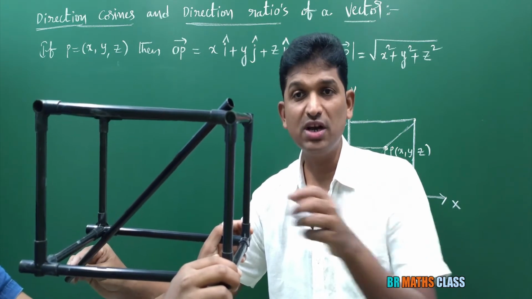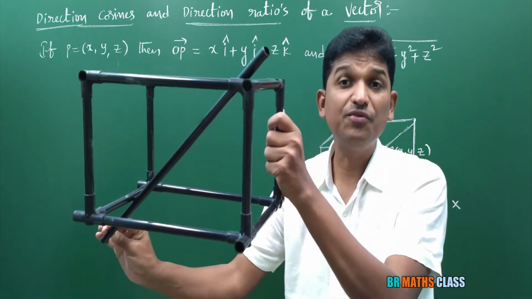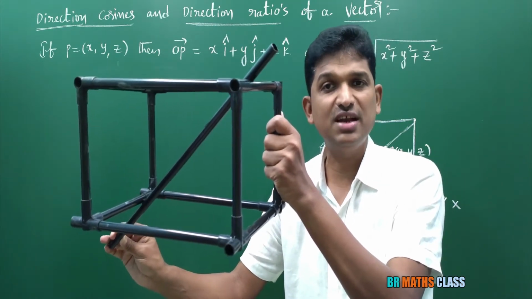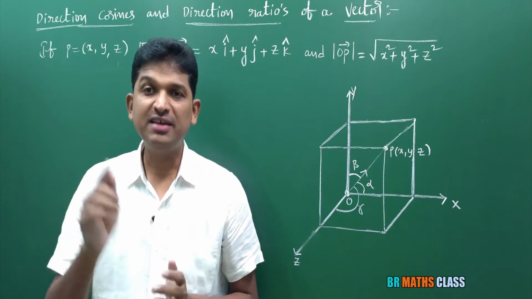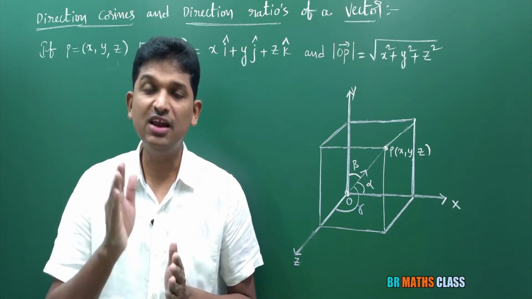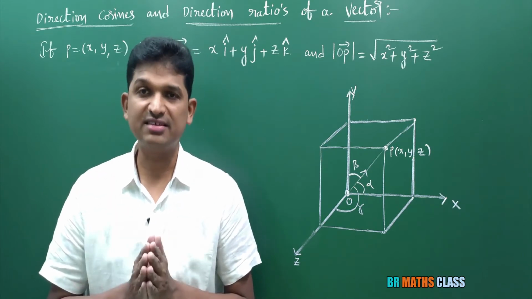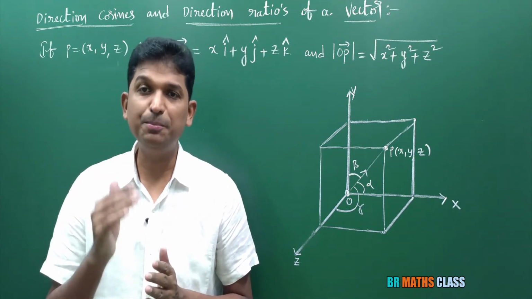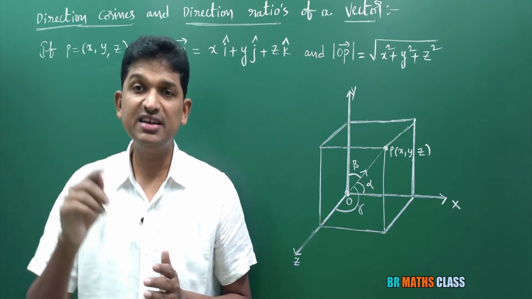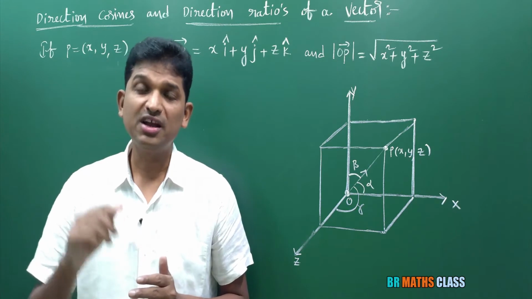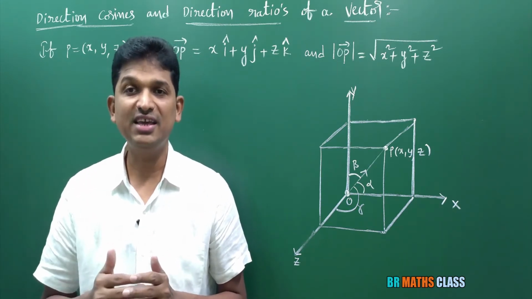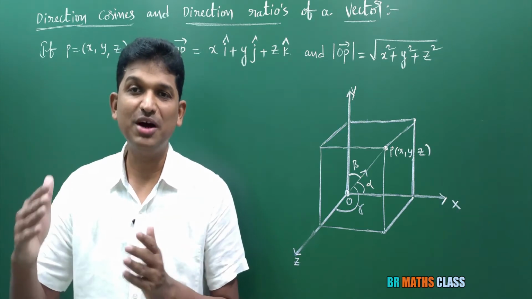If OP bar makes an angle beta with the y-axis, then PO bar makes an angle 180 degrees minus beta. If OP bar makes an angle gamma with the z-axis, then PO bar makes an angle 180 degrees minus gamma with the z-axis.